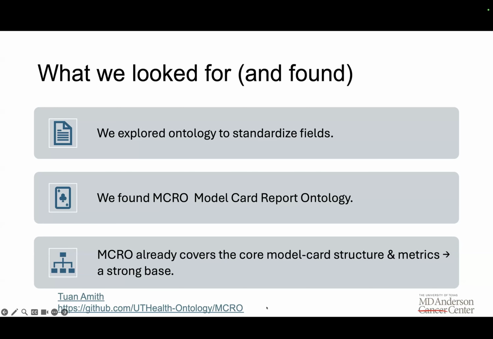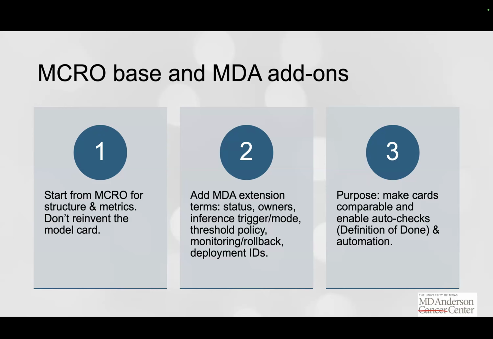And so we have decided to start from MCRO and add whatever term is needed, either as a new class or as a more granular type of term. Mostly these are about status, owner, inference, threshold. All this part seems to be missing in the ontology.